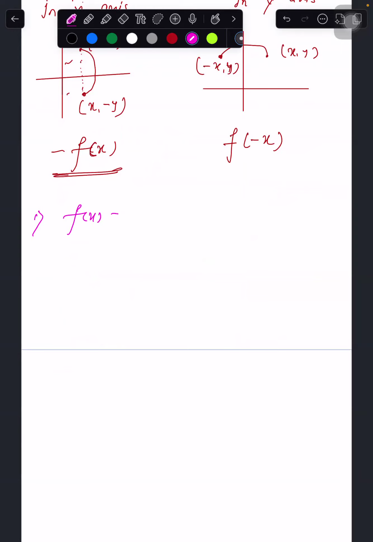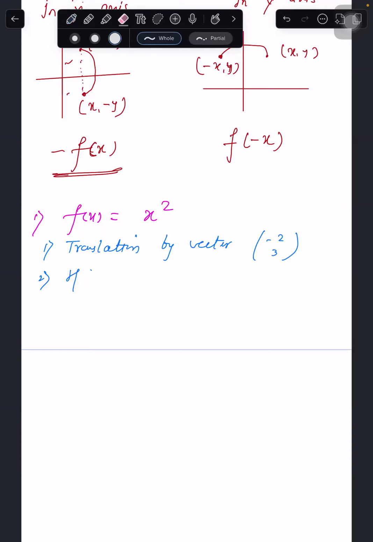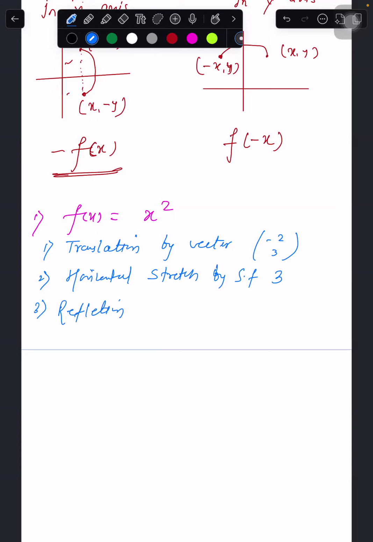They gave us f of x as x squared, and they're asking us to do the following transformations, starting with first translation by vector minus 2 and 3, horizontal stretch by scale factor 3, then reflection in x-axis.